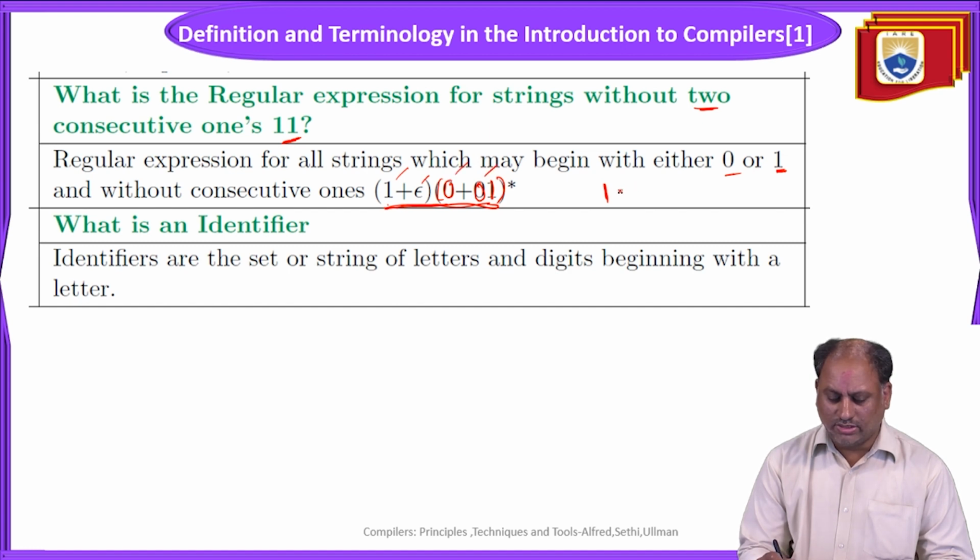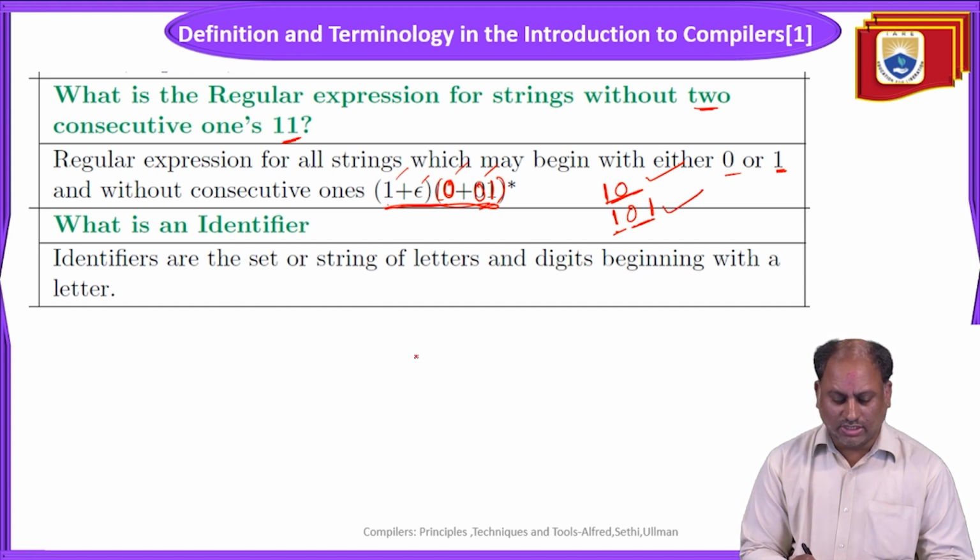So if I start with 0, I can go with 1 0, or I may have 1 0 1 also. If I choose 1 0, then there is no consecutive one, so this is allowed. The second term, 1 0 1, is also allowed because it does not contain consecutive ones.